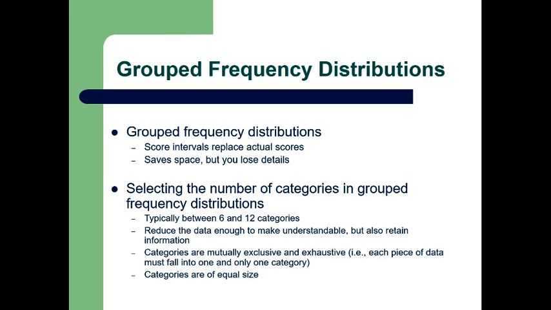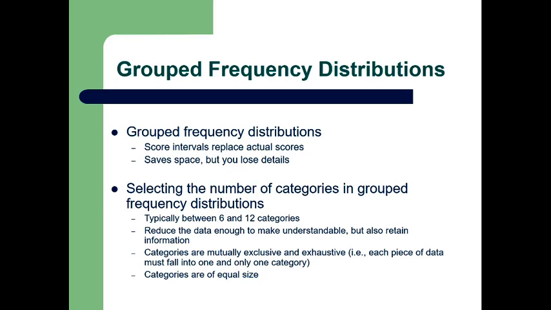It's important to consider how to select the number of categories. Typically, you have between 6 and 12 categories. You want to make sure that you reduce the data enough to make it understandable, but also retain enough information that it makes sense when you look at it.